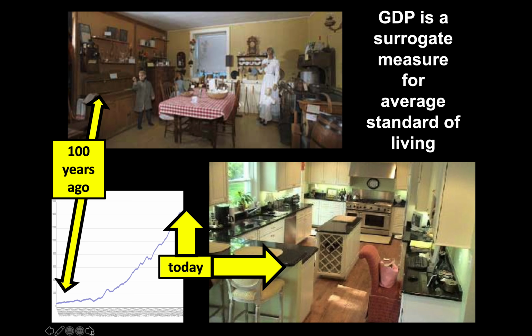Okay, so therefore, our standard of living has improved. Even a very poor person in our country is much more likely to have electric conveniences that their ancestors could never have thought of. Okay? That is an indication that over that period of time, our gross domestic product has increased significantly.